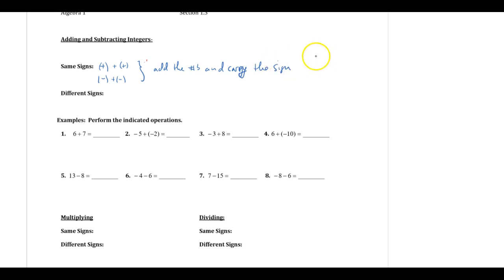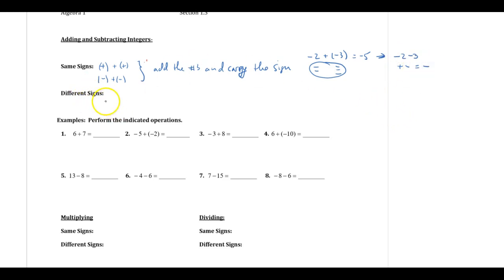Okay? So if I have -2 plus -3, think about it here. I have 2 negatives here. I have 3 negatives here. How many total negatives do I have? 5. So this would be -5. You'll also see the same problem written as -2 minus 3. Okay? Adding a negative is the same as just subtracting.